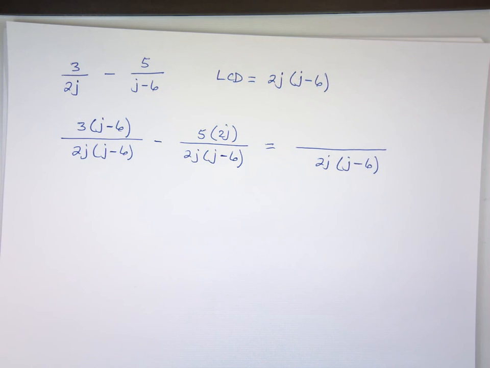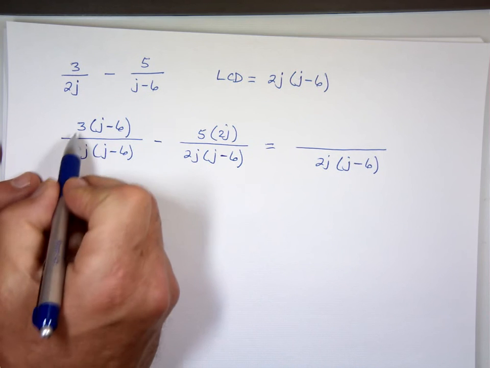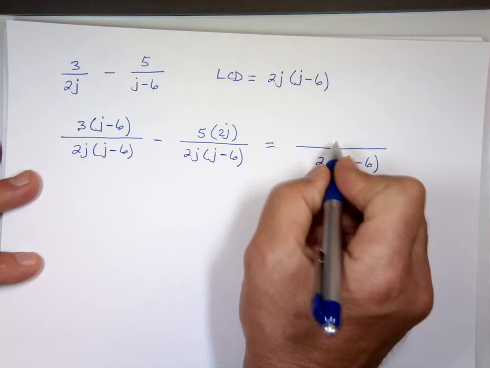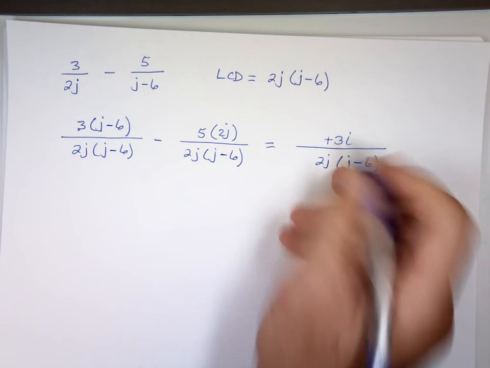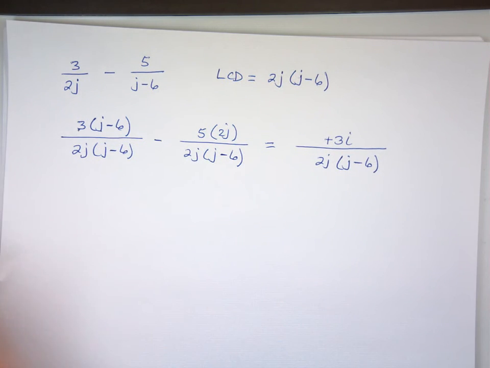So let's multiply this. What's 3 times j? 3j. Positive. Oh, I wrote i. A lot of times I use i instead of j, but we'll stick with the j today.